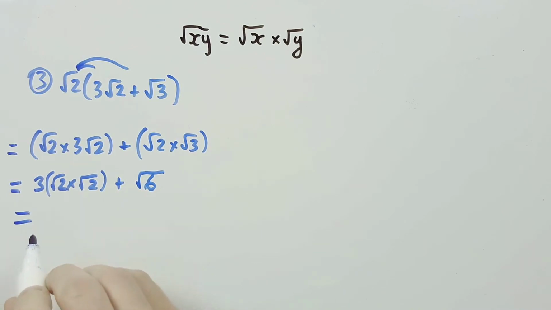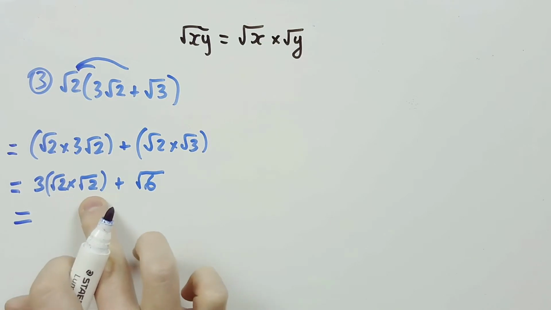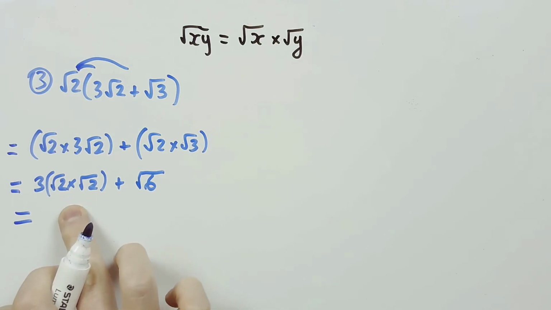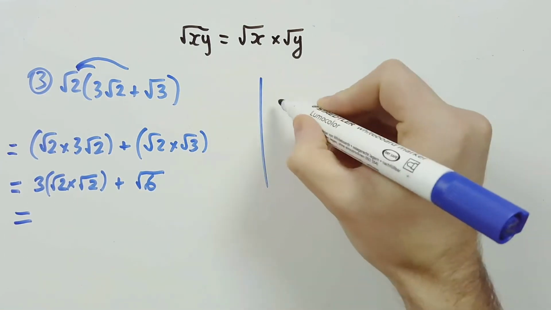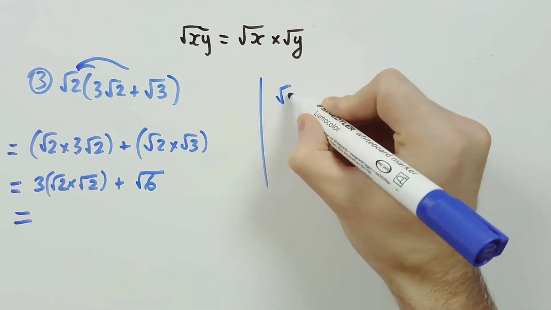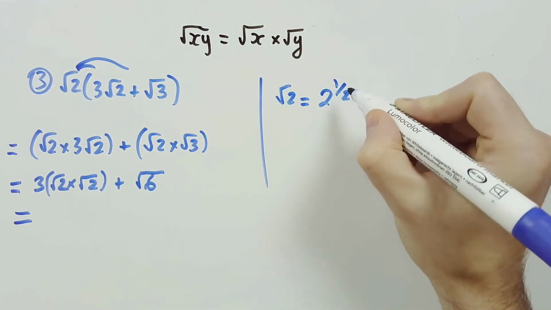Interestingly, when we have root 2 multiplied by root 2, or when we multiply the same surd by itself, these surds disappear. Why is this? Let's have a quick look over here. Root 2 is equal to 2 to the power of a half.